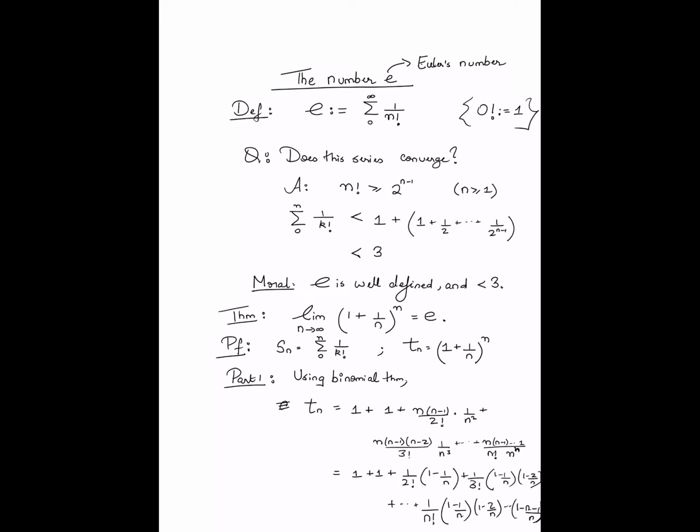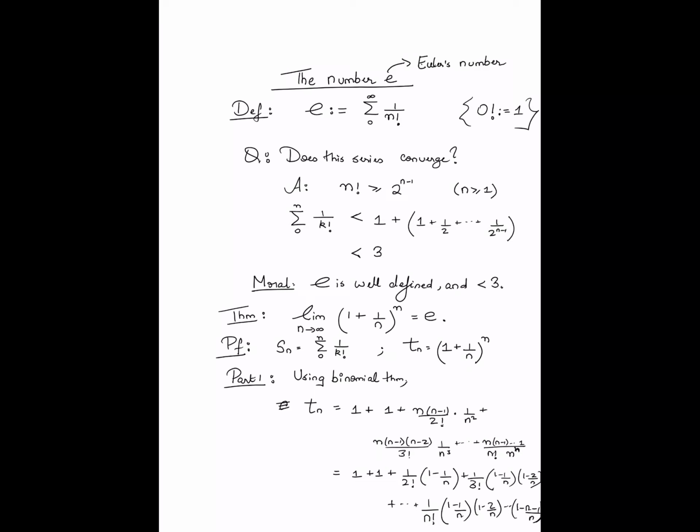Now, why have we written it like this? Well, if you look at all the terms, except for the first two, they have factors of the form 1 minus something by n: 1 minus 1 by n, 1 minus 2 by n, 1 minus 3 by n, all the way up to 1 minus n minus 1 by n. Every one of these factors is less than 1.